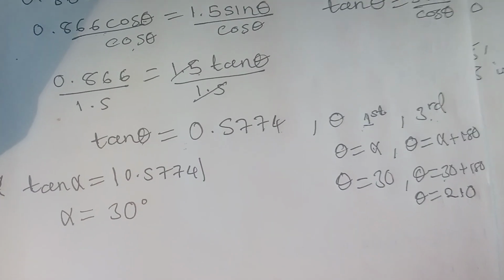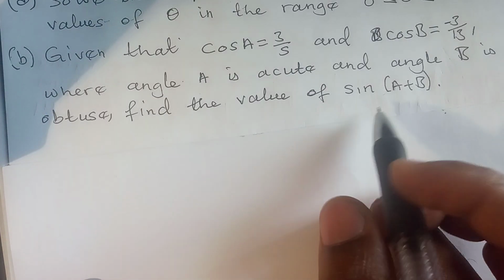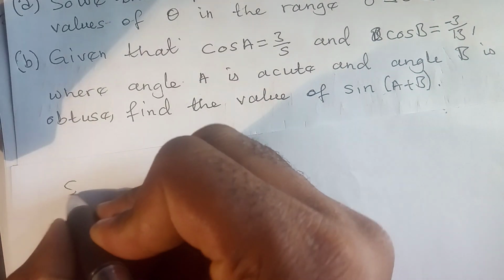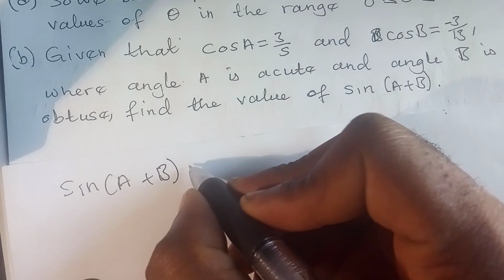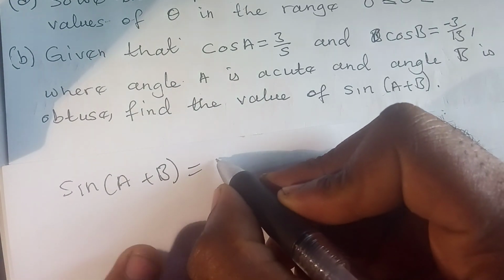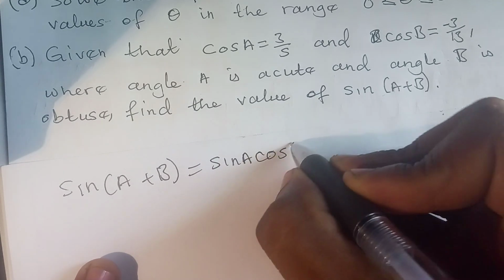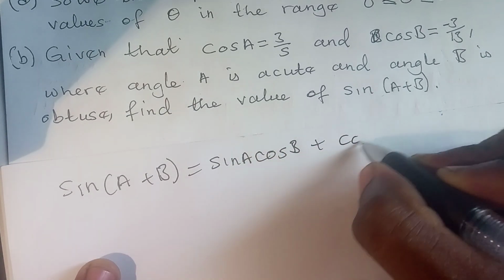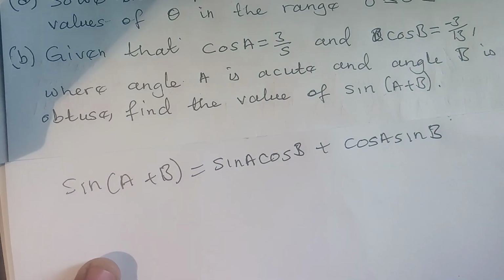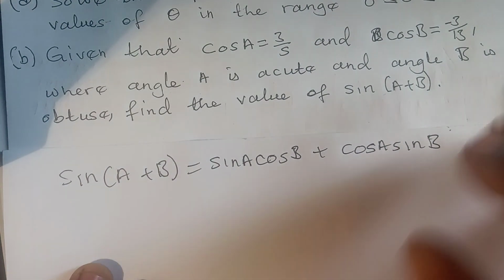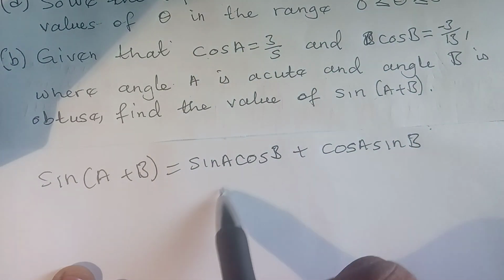To solve the second part, we shall expand this using the identity sin(A plus B) is equal to sin A cos B plus cos A sin B. In the question, we have been told that cos A is 3 over 5.